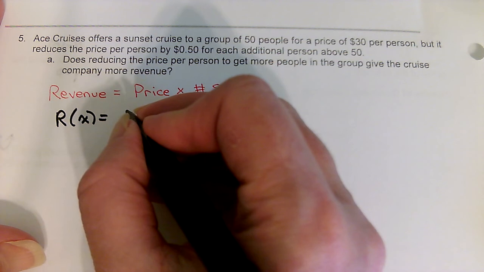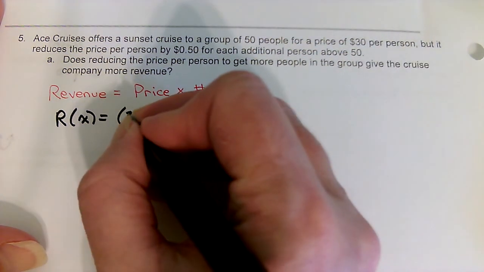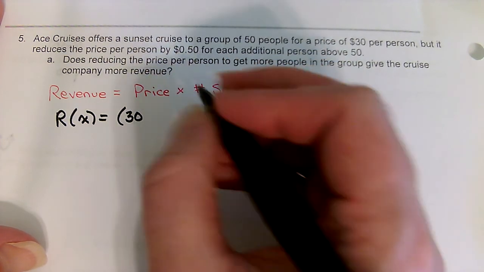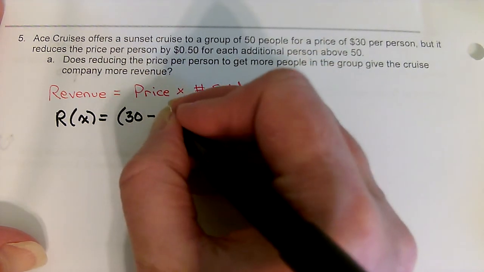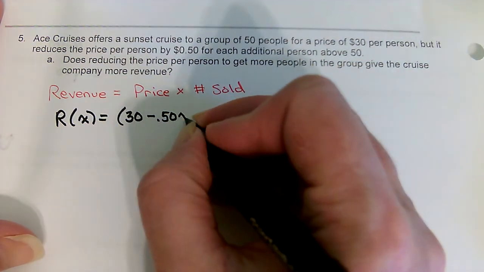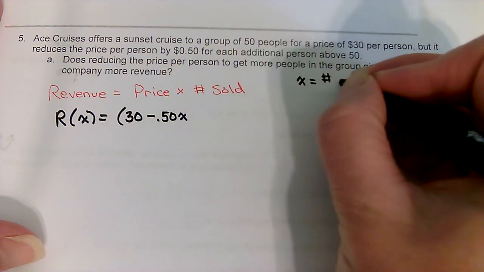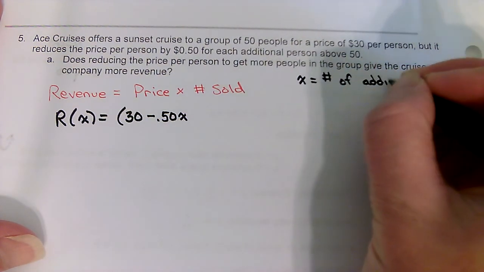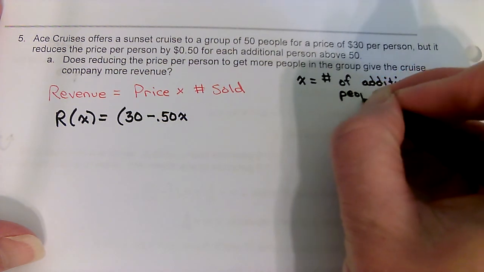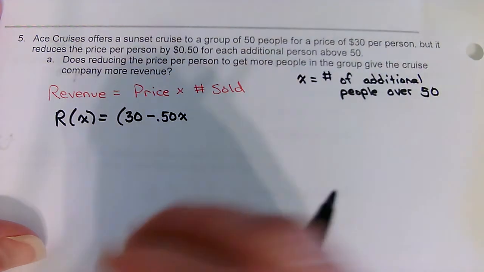So what's the price starting out? The price is $30, and it's going down by 50 cents for each additional person. So x is going to be the number of additional people over 50.